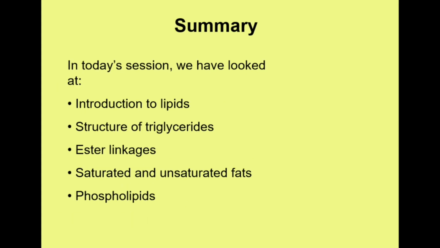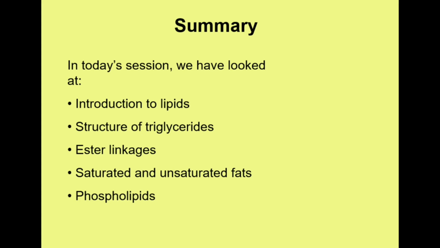Okay, so that's hopefully a fairly gentle introduction to lipids. We've looked at what lipids are and briefly mentioned the different types that we get. Then we focused on triglycerides, and we looked at how we make triglycerides from molecules of glycerol and fatty acids through dehydration synthesis to make ester linkages.